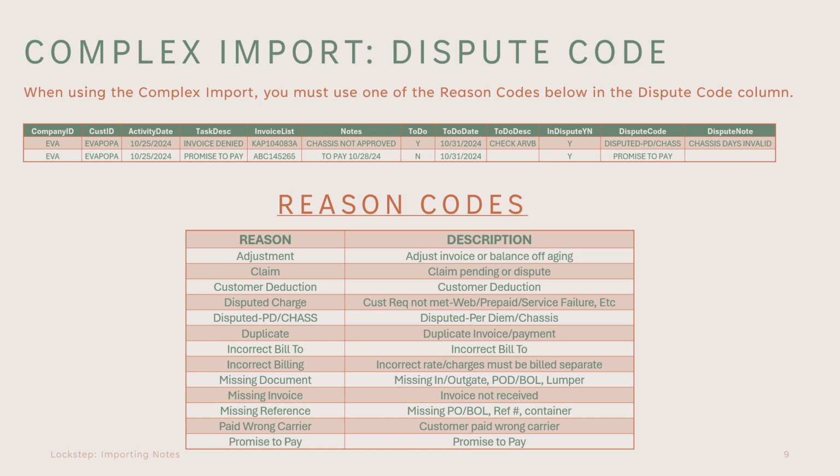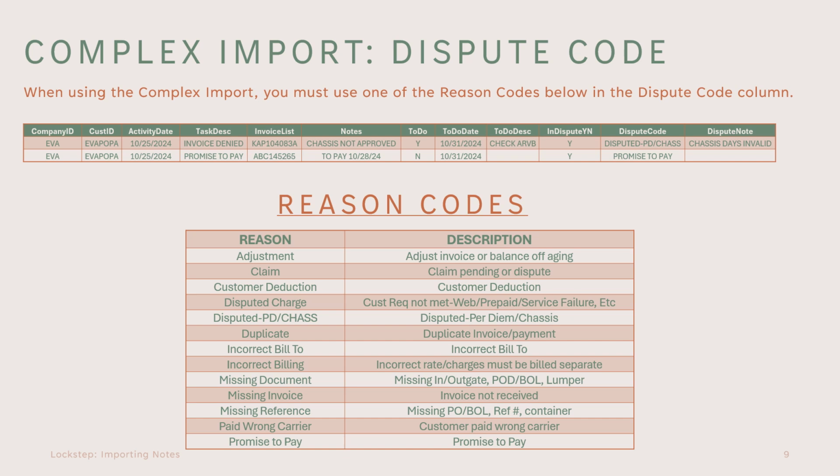The great thing about using our dispute codes is once you tag an invoice as disputed, that customer will stop receiving notifications. So if your customer has already told you that this is a duplicate charge, or they're disputing a charge, or they've taken a customer deduction, or even a promise to pay, you want to be sure that you're tagging those invoices in Lockstep as disputed, either by using your import or manually by creating an activity.